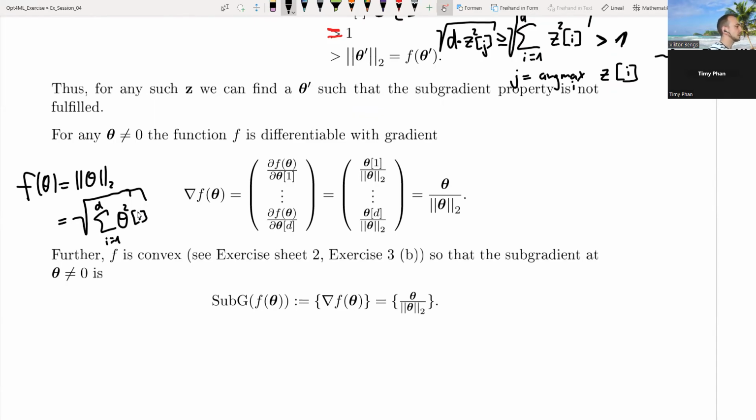Well, we will get the derivative of the inner function with respect to that. This would be 2 times theta I, if we go for the ith component. And then we multiply this with the derivative of the outer function, and the outer function is the square root function.